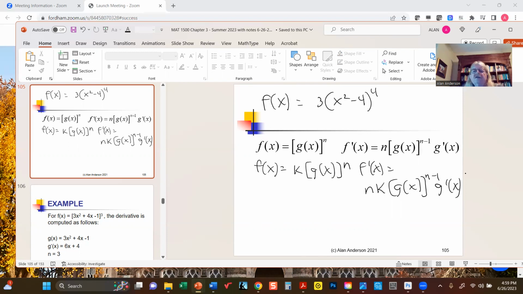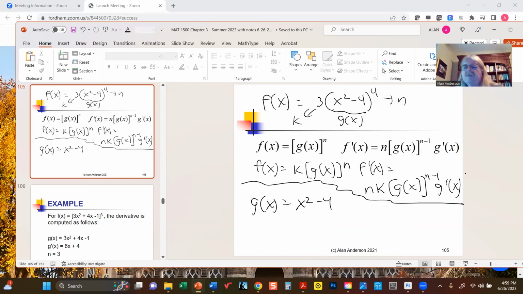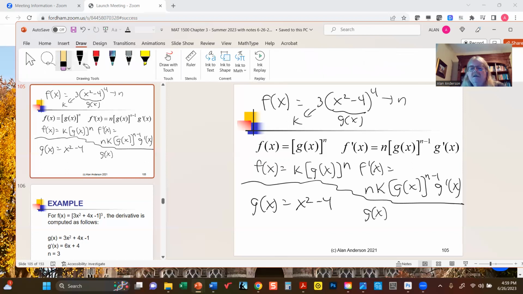So here's our g of x. This is n. Think of this as k. And if g of x equals x squared minus 4, then by using both the power rule, the simpler version of it, and the constant rule, you can see here. Let's say that we have some function f of x. Let's just look at x squared by itself.